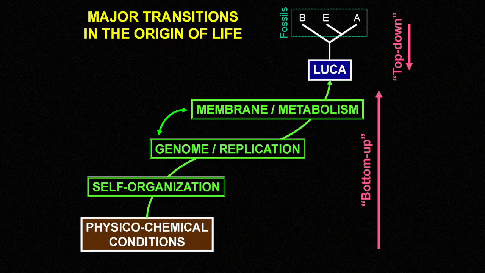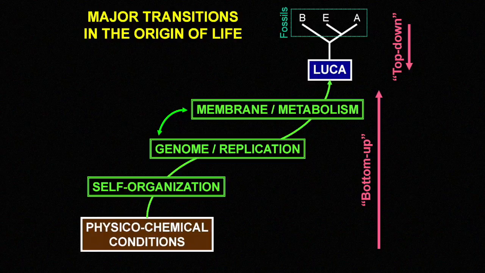In this path, fossils don't help, because fossils only account for cells. We don't have fossils of molecules, and this is the time of molecules, okay? So molecules should have self-organized, should have been able to make a genome and to allow replication, and to form a membrane and to allow a metabolism associated to the transfer of components through this membrane.